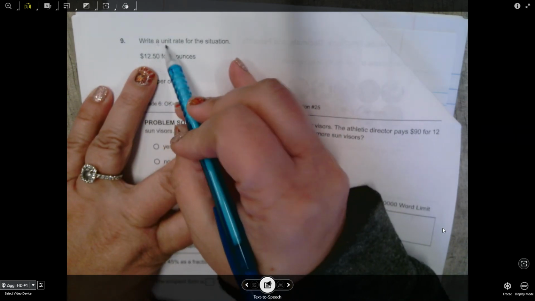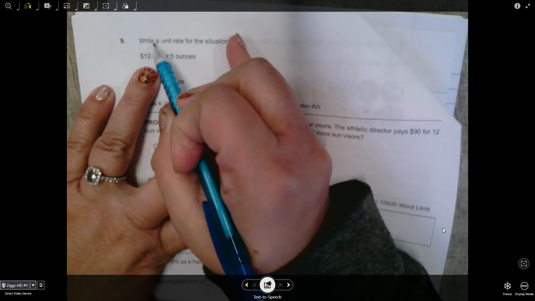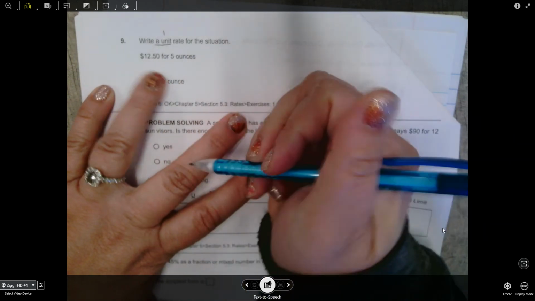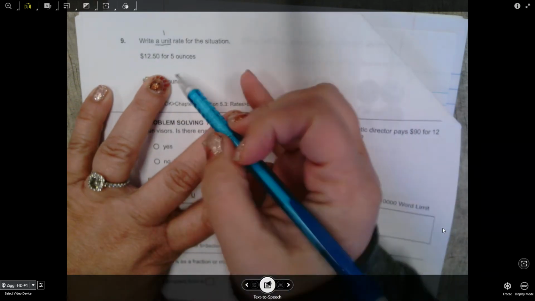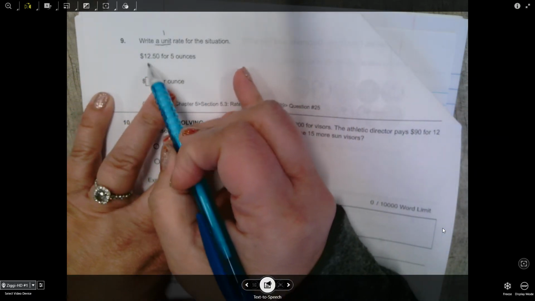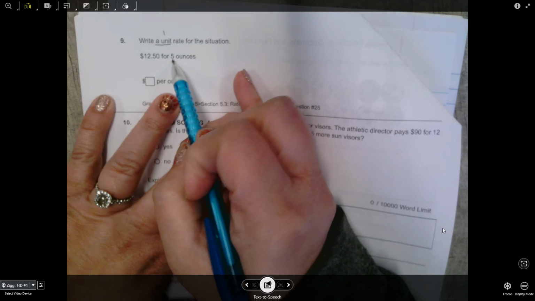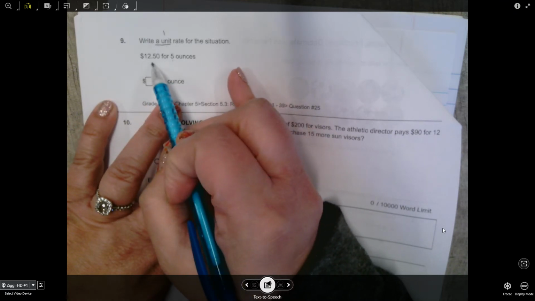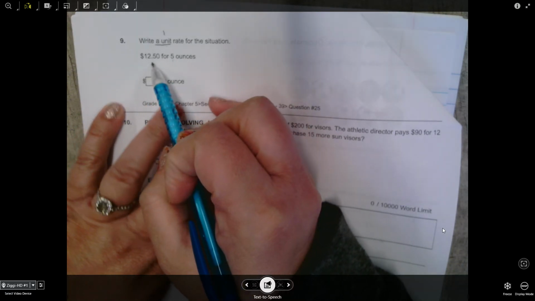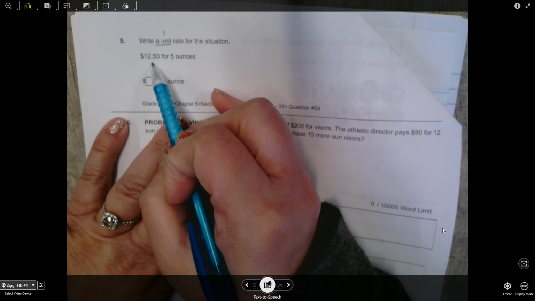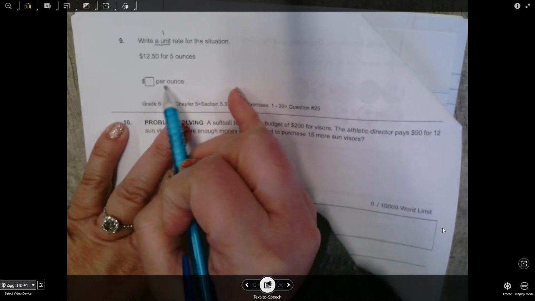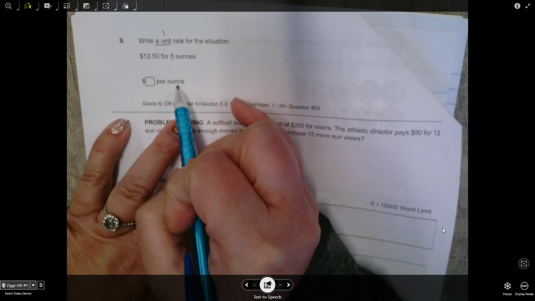Remember, a unit would be 1, right? That's 1. So we know that for 5 ounces of something, it's going to cost you $12.50. We want to know how much 1 ounce, per ounce, will cost.